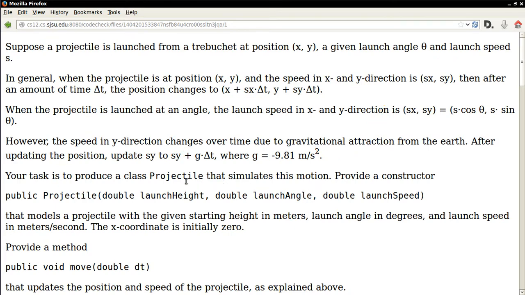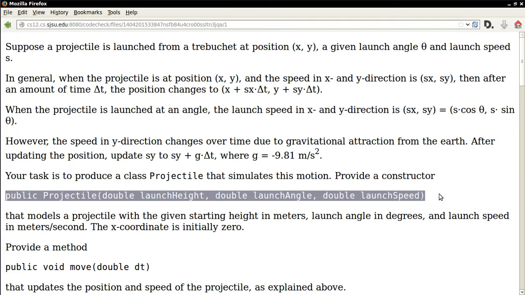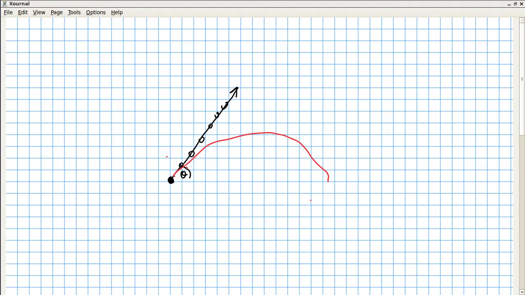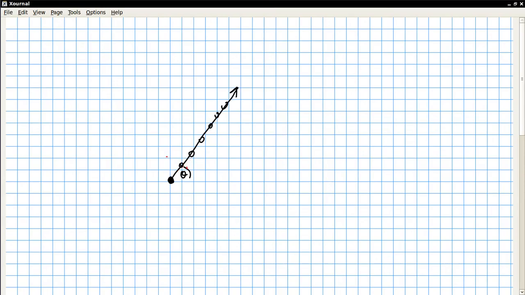And now what are we supposed to program? We're supposed to implement a constructor that takes the initial height, the angle, and the speed. What was with the angle? If you have a particular angle, that tells you how to distribute the speed into x and y direction.